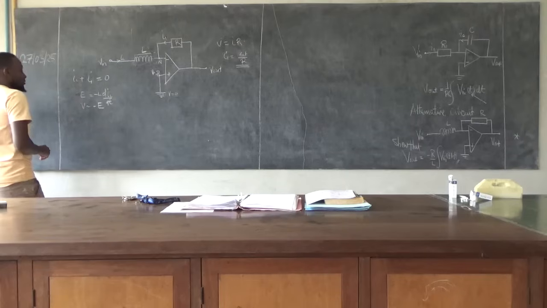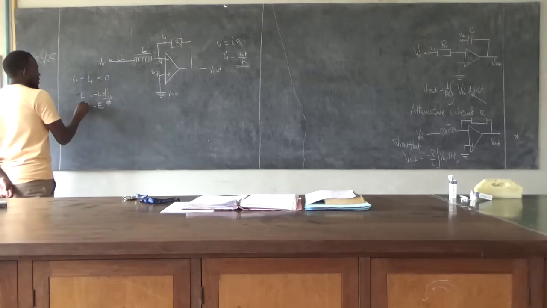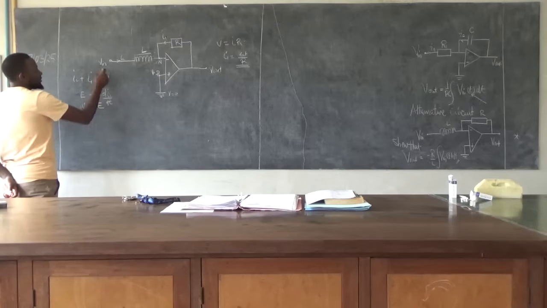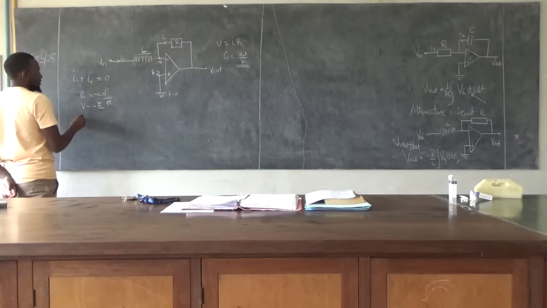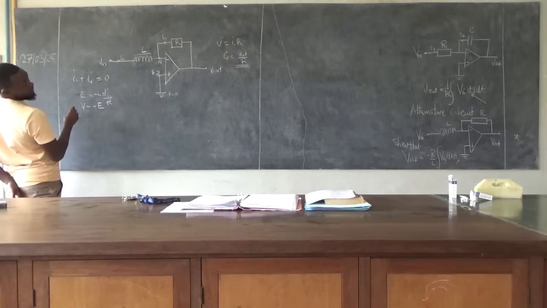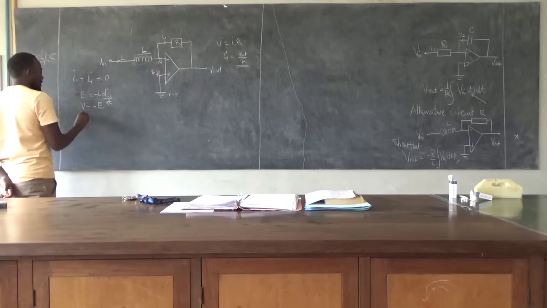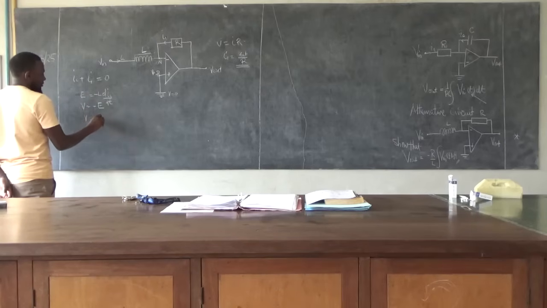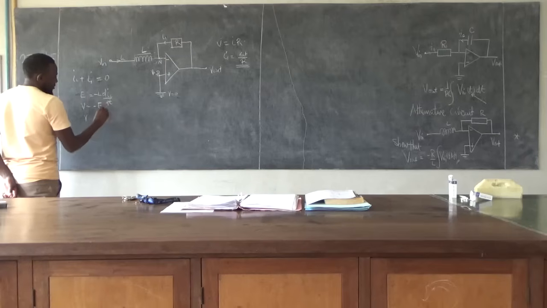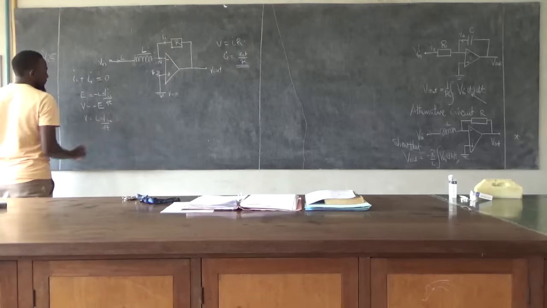And we can say that the voltage, which is L dI dt, will be the negative of the inductor current.